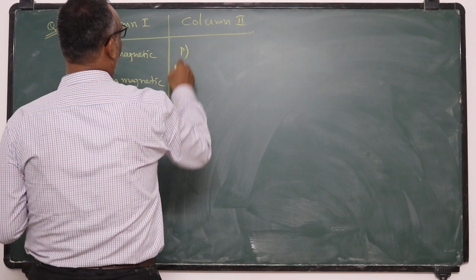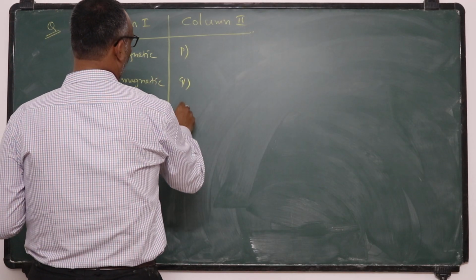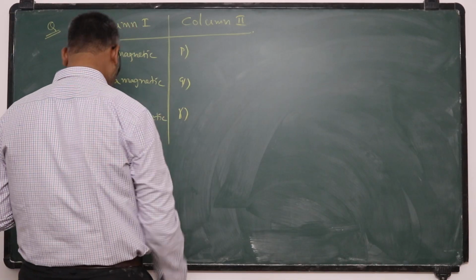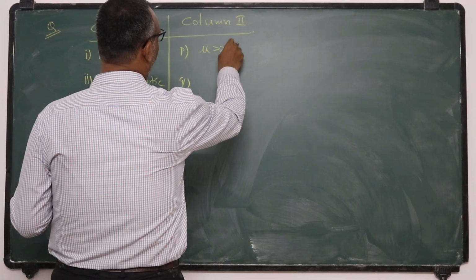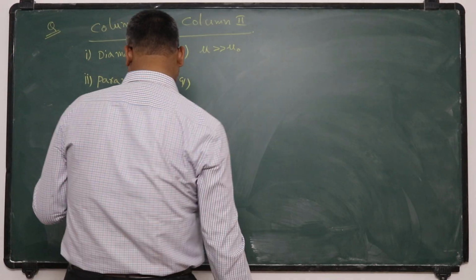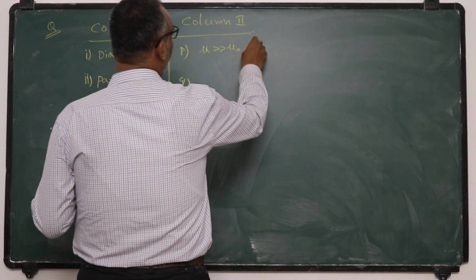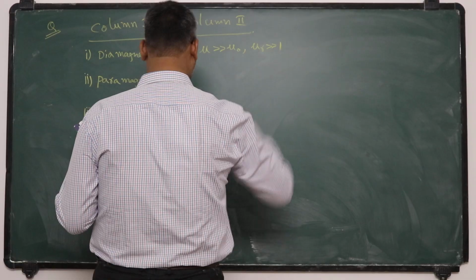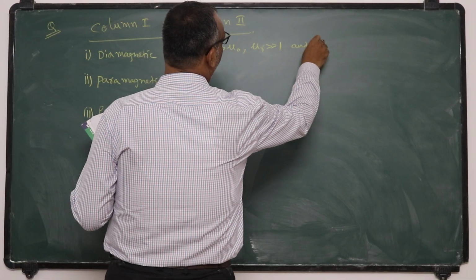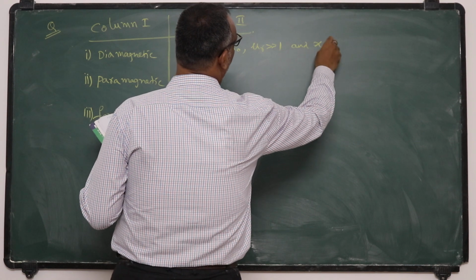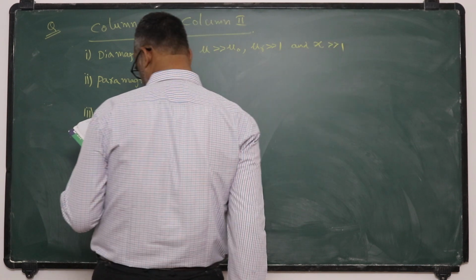Here P, Q, R. They gave mu much greater than mu naught, mu r much greater than 1, and chi much greater than 1.